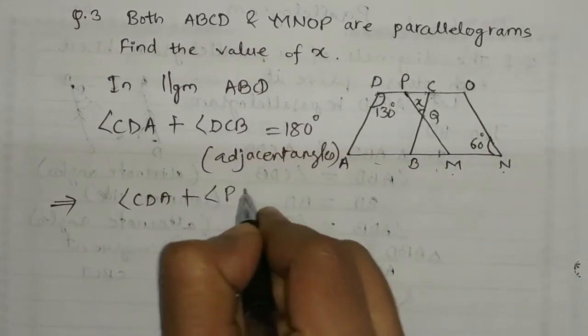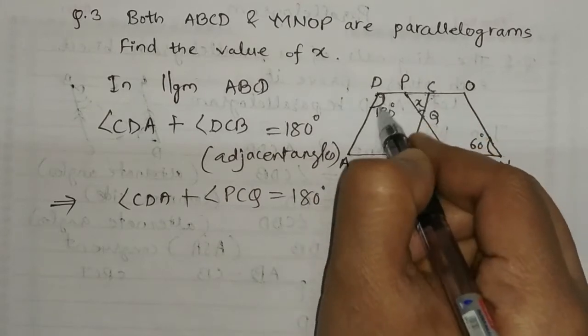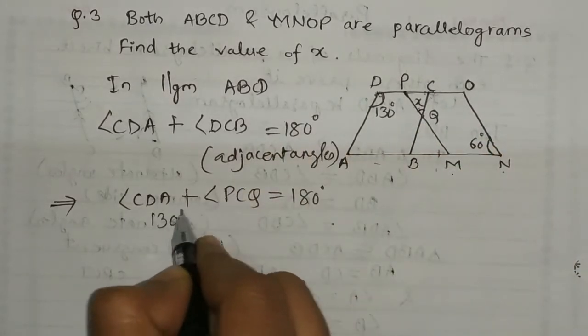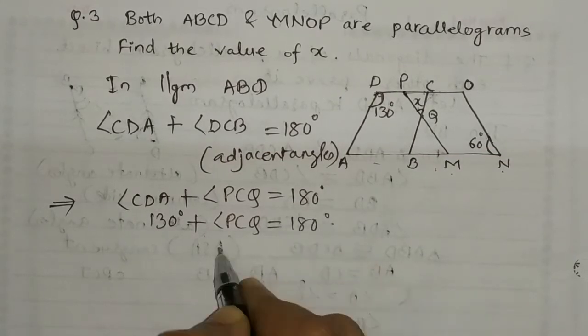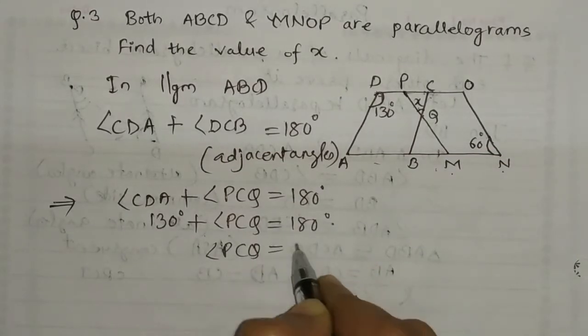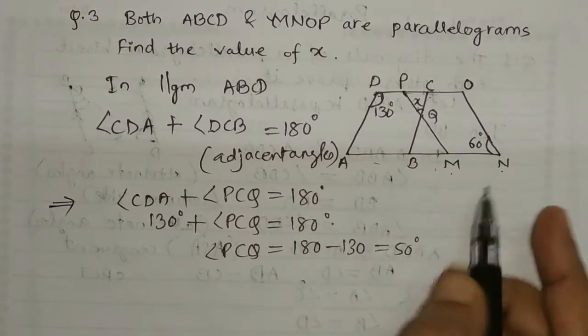So PCQ is again 180 degrees. And this CDA is given as 130 degrees, plus PCQ is equal to 180 degrees. So PCQ is equal to 180 minus 130, which is equal to 50 degrees.